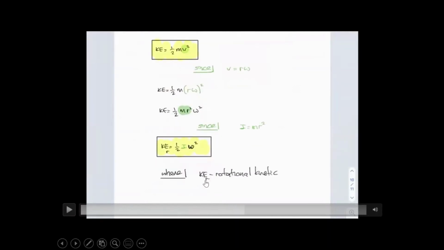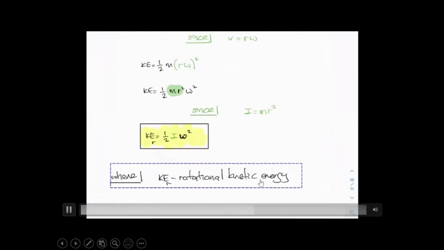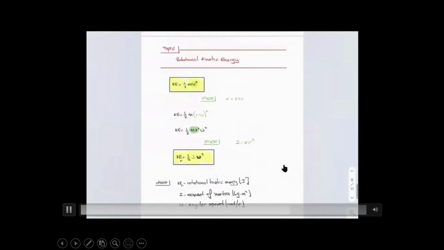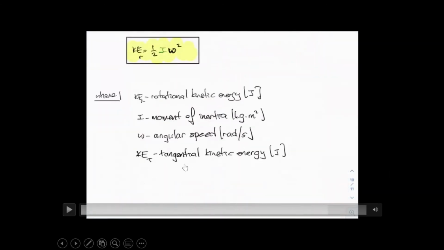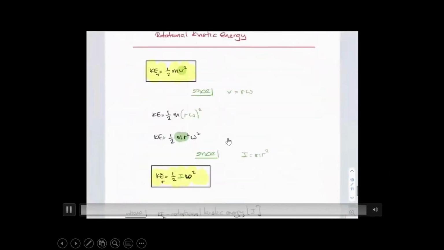KE sub R represents the rotational kinetic energy. Sometimes instead of using R, we use theta. It means the same thing. It refers to the rotational motion. I is once again our moment of inertia, and omega is angular velocity. Kinetic energy is expressed in joules. Okay, that's it.